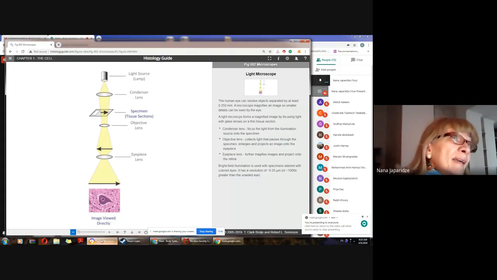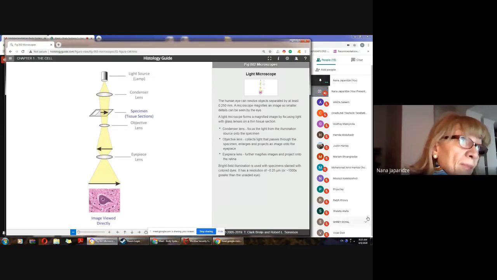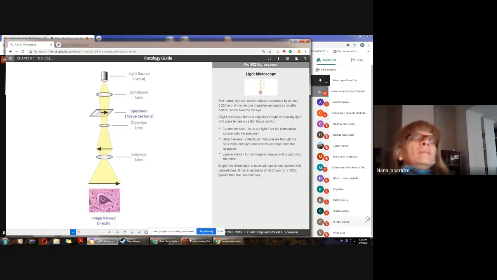Then very important is to put this tissue sample in the clearing agent. The next step is clearance.